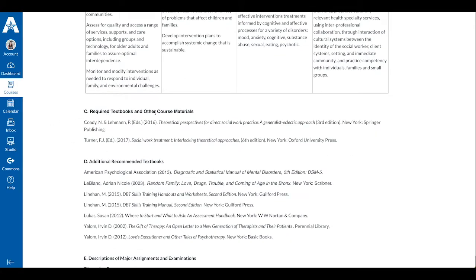Regarding required textbooks, there's this Cody and Lehman text, and then also this Turner text. Both of these are required for class. They go hand in hand very nicely, and really complement each other beautifully in terms of some of the theories that we go through.